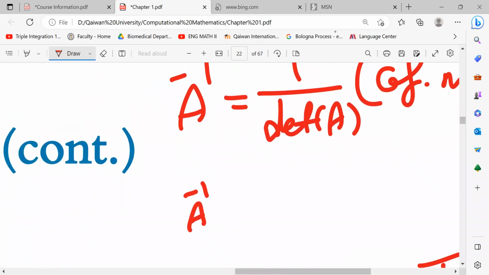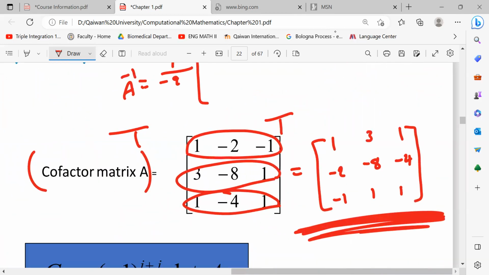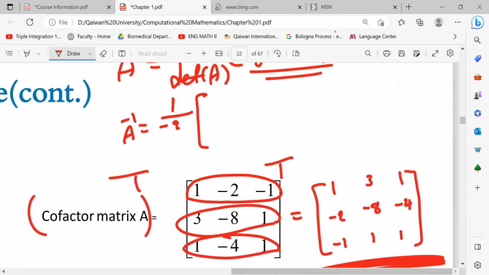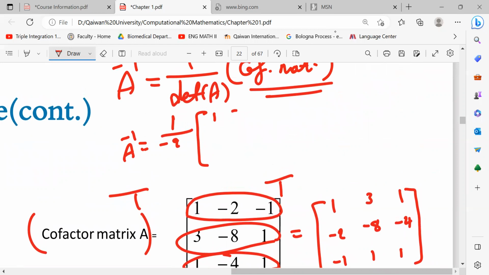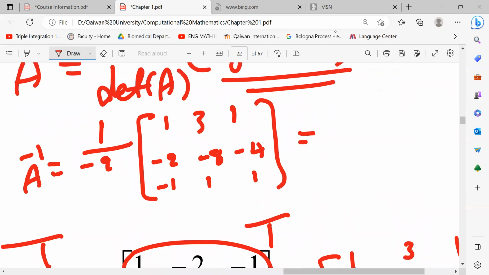A inverse is 1 over -2 multiplying this matrix that you found, the transpose of the cofactor matrix. Now we say it's 1, 3, 1, -2, -8, -4, -1, 1, 1. We just divide each element by -2.